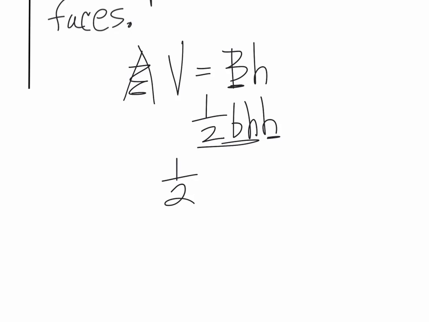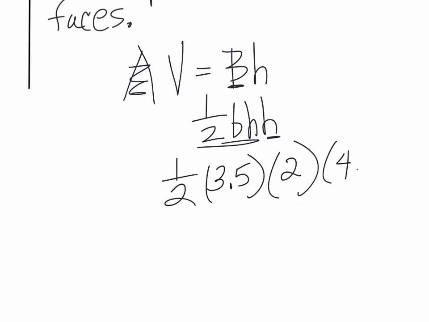1/2 of the base of the triangle. Base of the triangle is 3 5/10. And the height of the triangle is 2. And then the height of the shape itself is how far it goes back between the two triangles, which is 4 2/10.